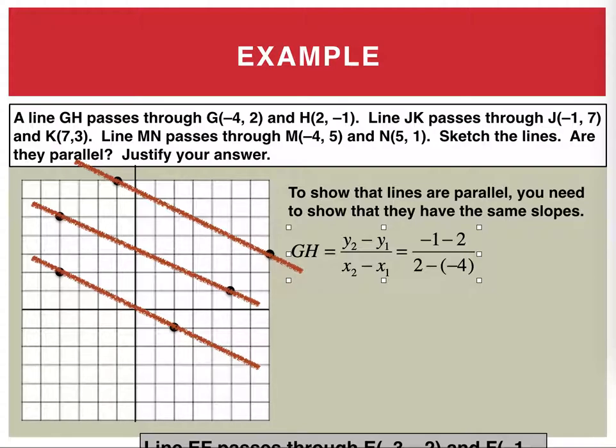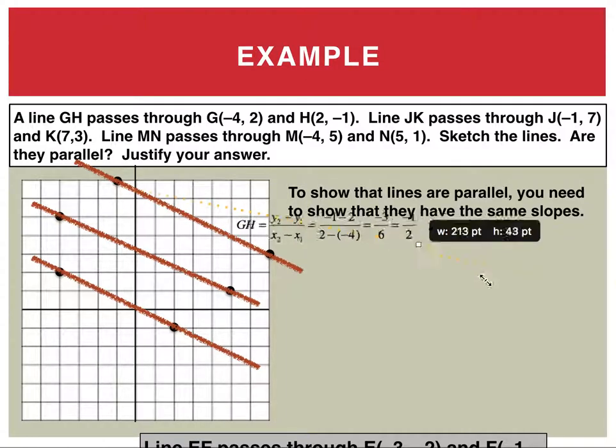So I just do that math on my calculator if I have to, or in my head if possible. But even if you're doing it in your head, please check on the calculator. So -1 minus 2 is -3, and 2 minus -4 is 6. You need to put that into lowest terms. So that's -1 over 2.